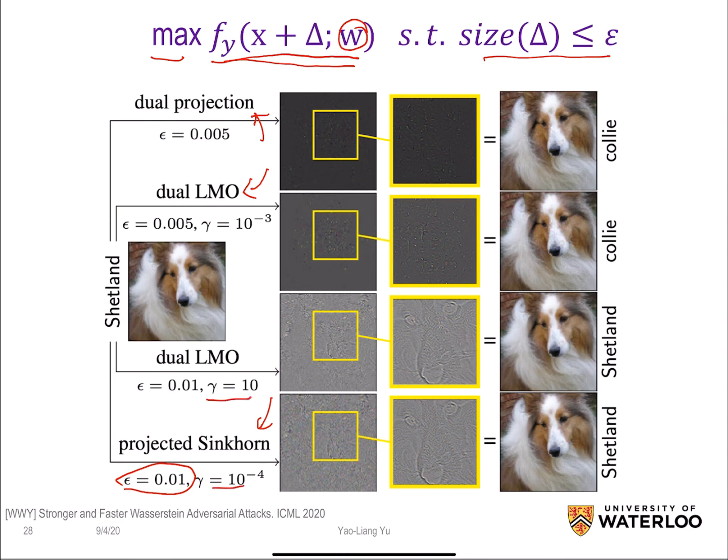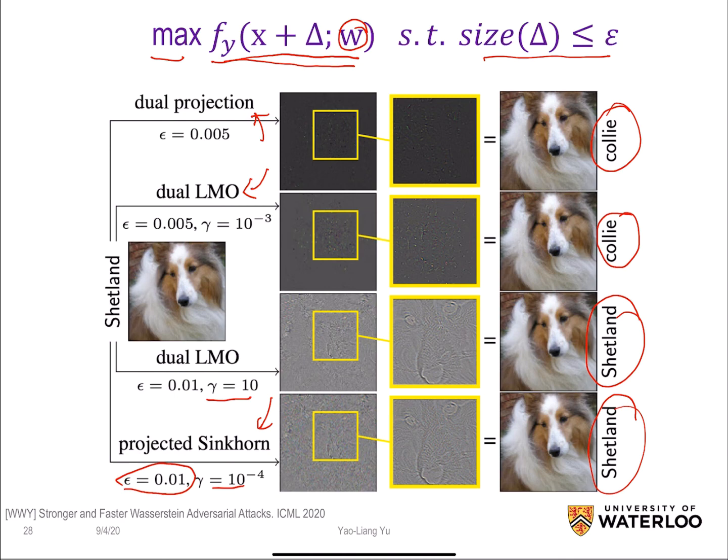And you can see some of these perturbations were not able to change the prediction, whereas some of the perturbations, produced by some of these algorithms, were able to change the prediction. So this tells you different algorithms may work differently on the same problem. So you really have to choose a suitable algorithm in order to solve your problem.